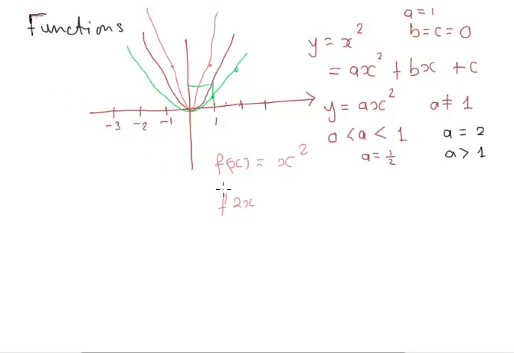I'm now having a new function, 2x squared, and what you can see, the growth becomes accelerated. But if I've got g of x, which is half of x squared, the growth goes a bit slower, the parabola widens. Altogether. Then we also have what we call horizontal and vertical shift.